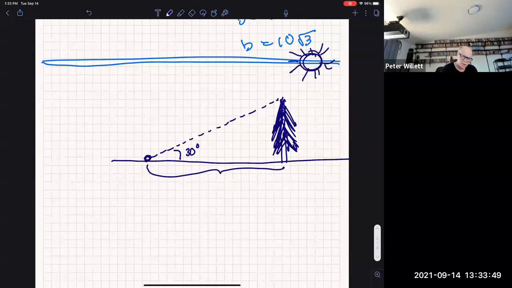And the angle up to the top of the tree is the angle from the place where the shadow on the ground is. So you've got a shadow on the ground of the tree here. And if you go to the very top, tip top of the shadow of the tree on the ground, and you have the angle up to the top of the tree, it's 30 degrees, maybe because you just lay down there or something. But the length of the shadow, we're going to say, is 60 feet.